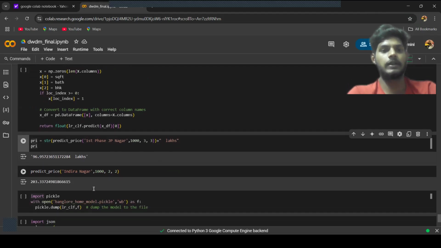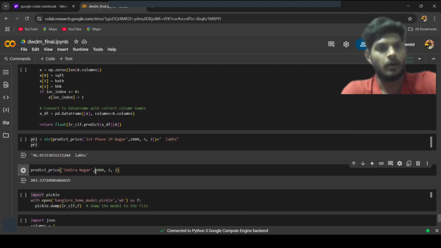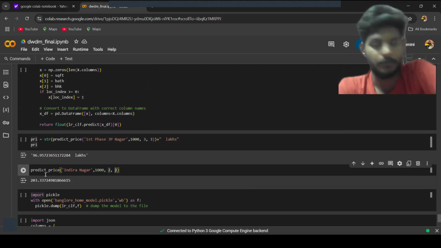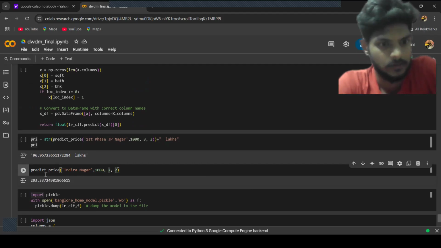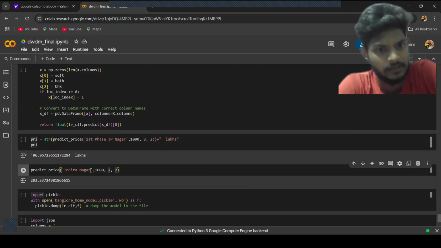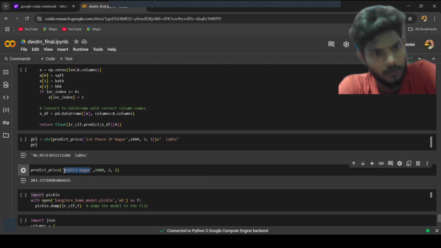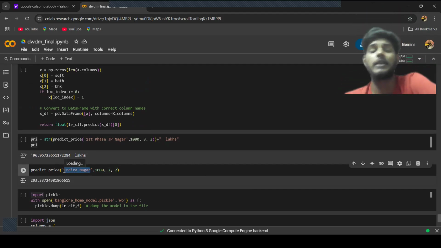For Indira Nagar, the square feet value is 1,000, bathrooms required are 2 and BHK is 2, and the price predicted is 203 lakhs. That means this location is more popular, so we are having a high price.